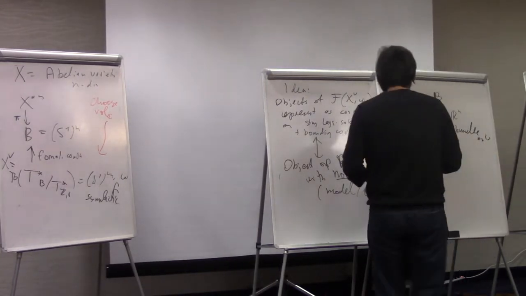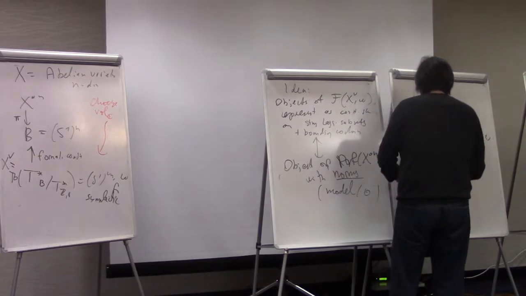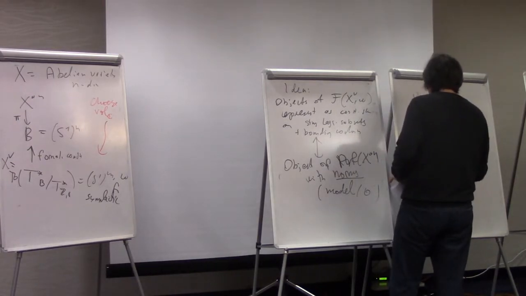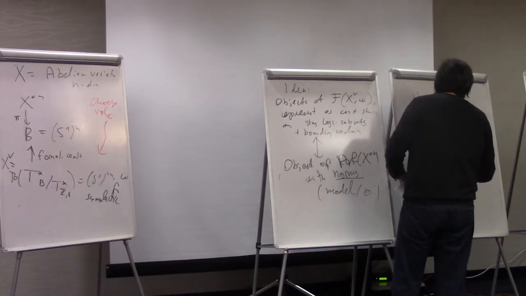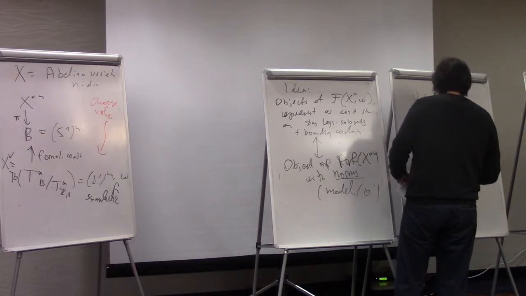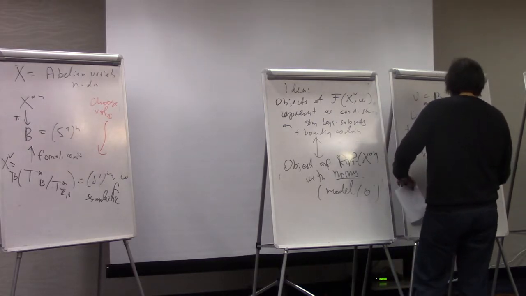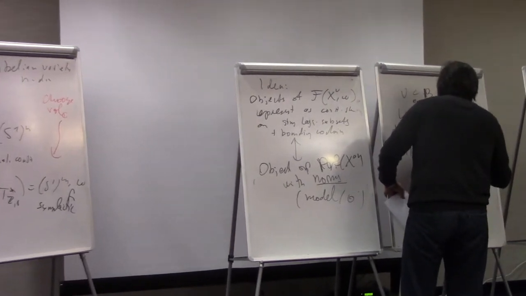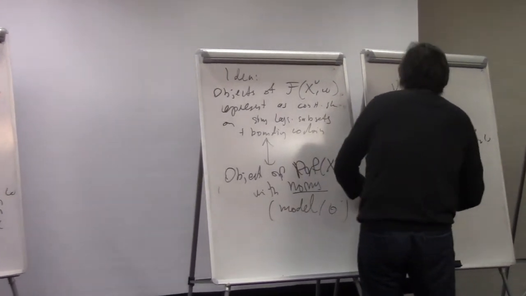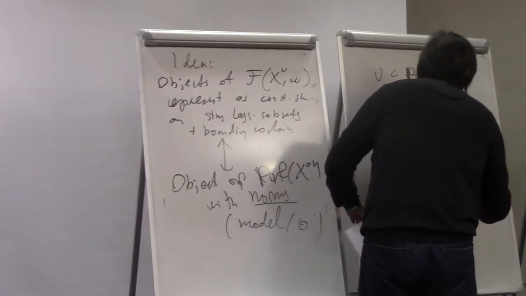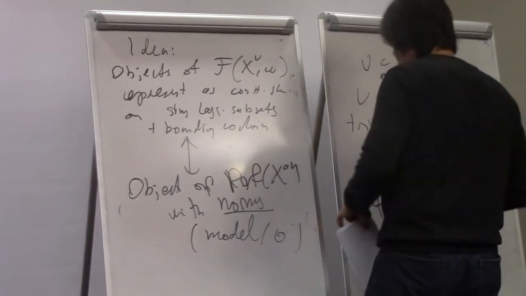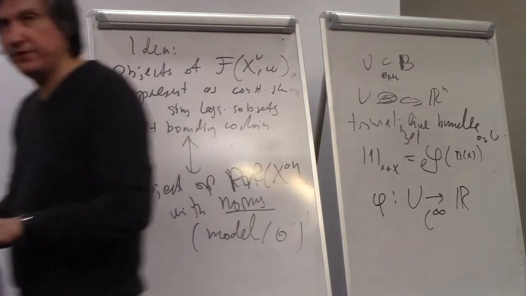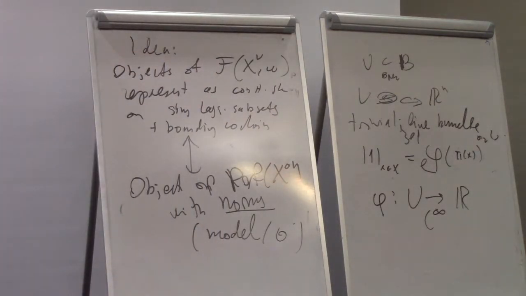And for the norm, you get the norm of the section 1 at a point x, which will be a certain function: exponent of phi of x, of phi of the projection of x, if phi is just some function from U to R, some C infinity function. If you have any C infinity function, that gives you a norm on the trivial line bundle.